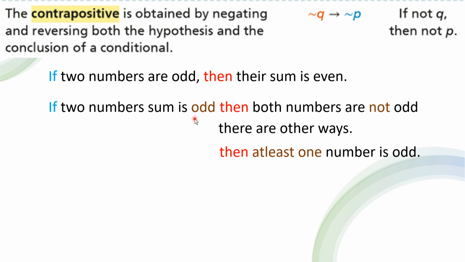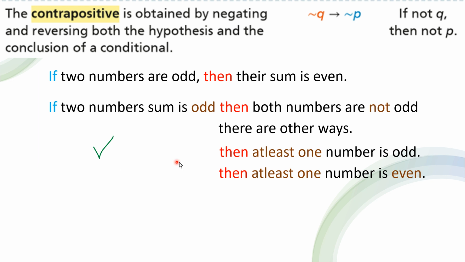Because an even plus an even will cause it to be even. So you need at least one number to be odd. So even though this is more restrictive, it's also more accurate. And consequently, we can also say at least one number is even, but this is less accurate because both could be uneven.